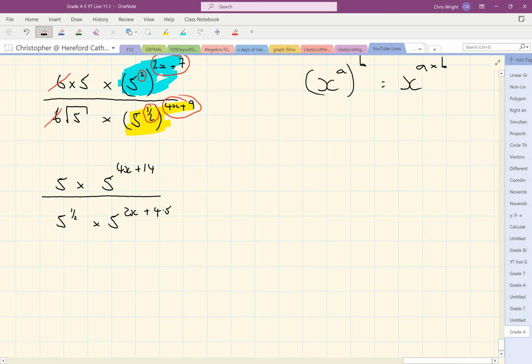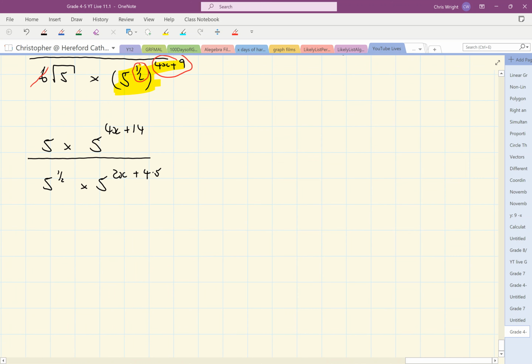Okay, now on the numerator now, I've got 5, well, that's 5 to the 1, isn't it? Multiplied by 5 to the power of 4x plus 14. So I'm going to add these indices. So on the numerator now, I've got 5 to the power of 4x plus 14 plus 1 is 4x plus 15.